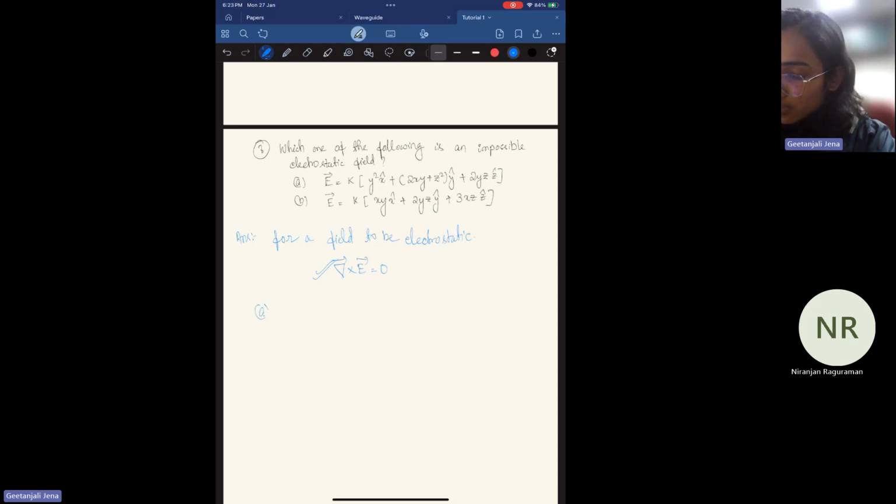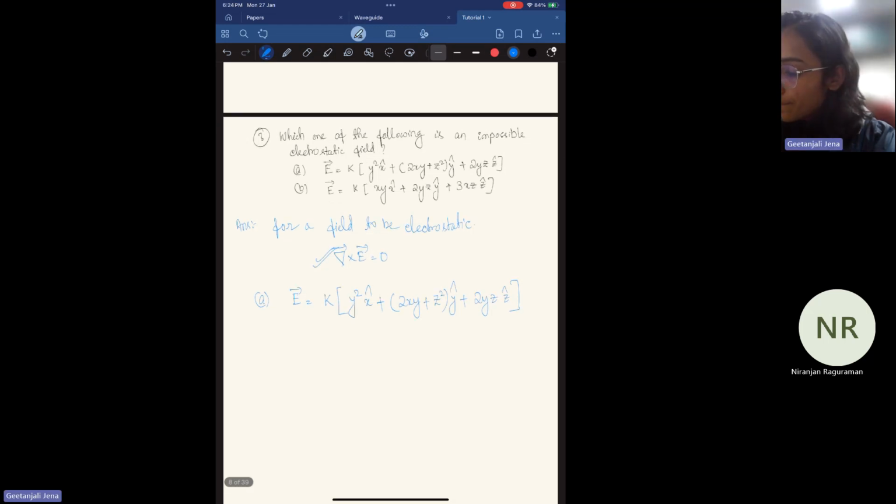So in the first, E is a times y square x cap plus 2xy plus z square y cap plus 2yz z cap. And what is the form for curl of E?